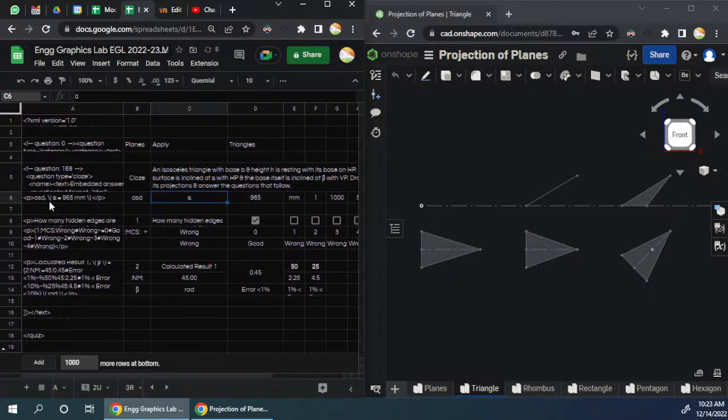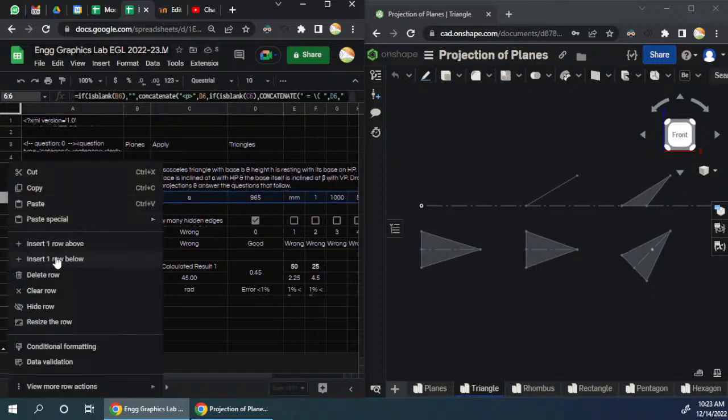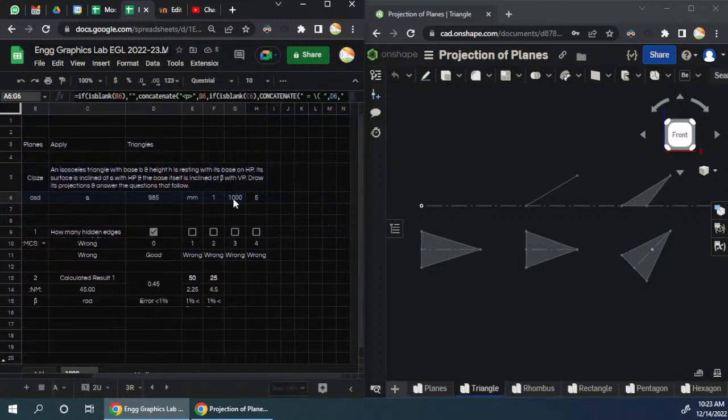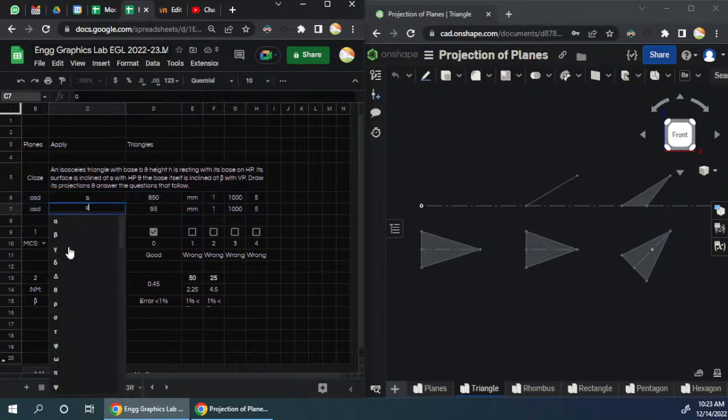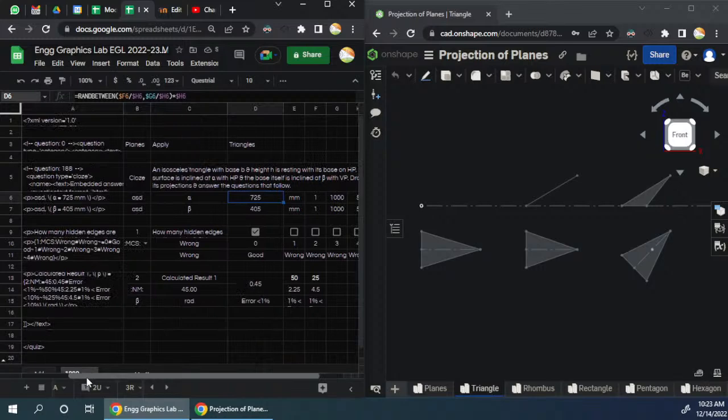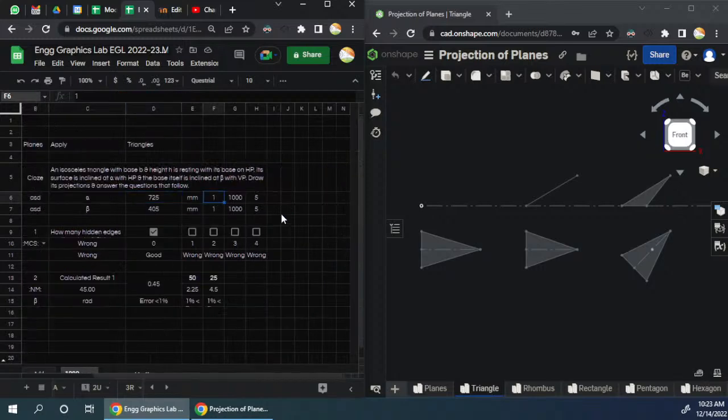Alright, so there are going to be two inputs, so let's insert one more below this and just try to drag it down. This one needs to be beta, and first the angles. The angles, let's start at 30 degrees and go all the way up to 75, in steps of 5.